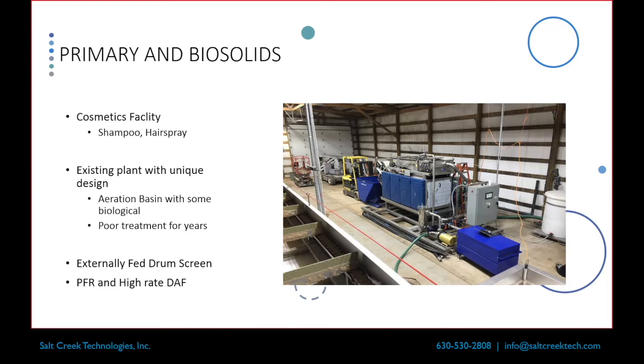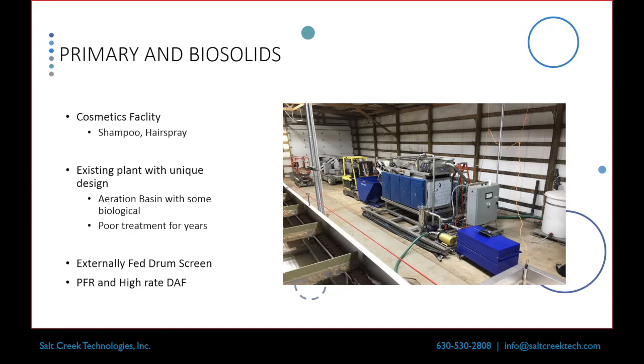We realized very quickly the hauling costs for that were going to be just astronomical. So again, quickly got a belt press brought out there and installed that, and we were able to reduce the hauling cost of the sludge pretty significantly, and generated a nice, easily disposable waste at that point.